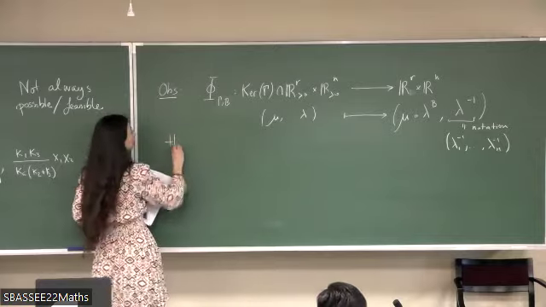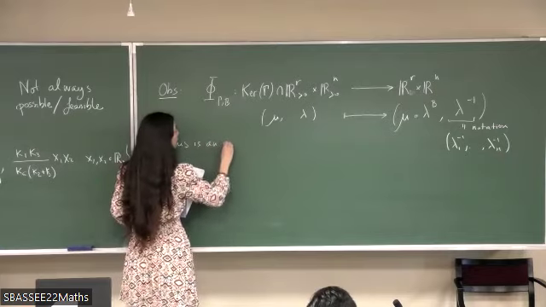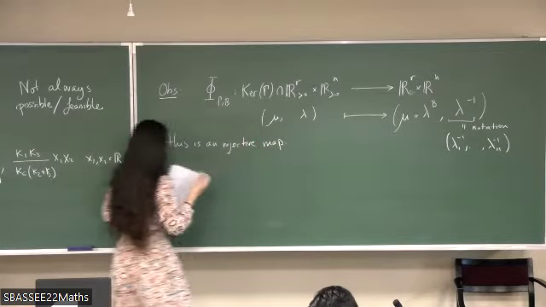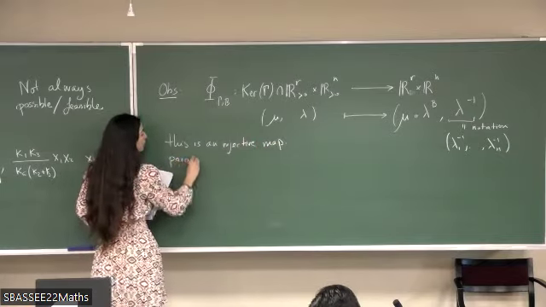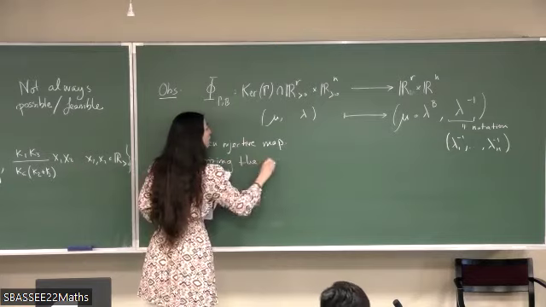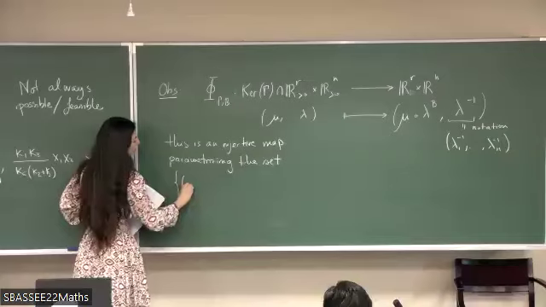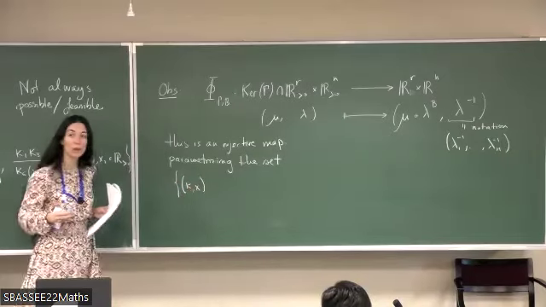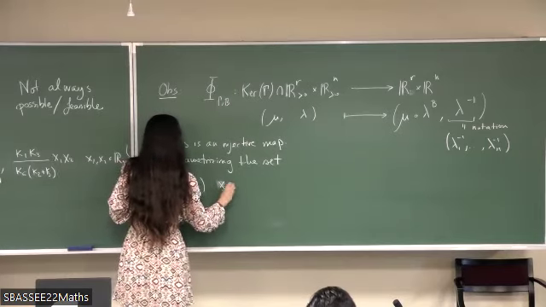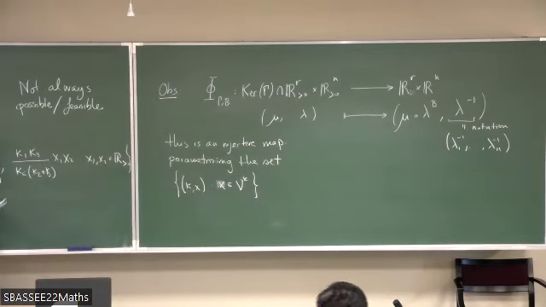So this is an injective map that parameterizes the set of all pairs kx where x is a positive steady state for k.